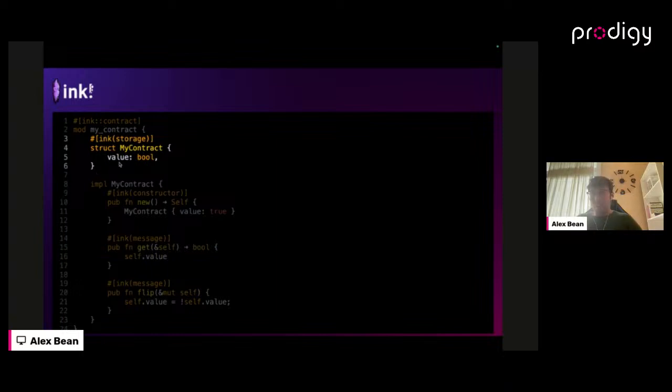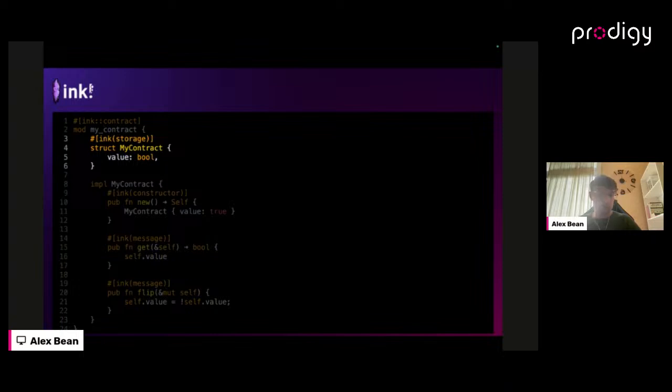So yeah, for example, something that makes it very easy here, if we want to manage the storage of our smart contract with that annotation ink storage, we only have to care about what data we want to store and what data types we are using. In this case, the storage for this smart contract is simply a boolean, which can be true or false.